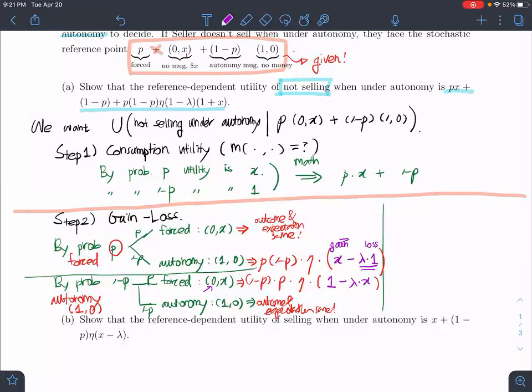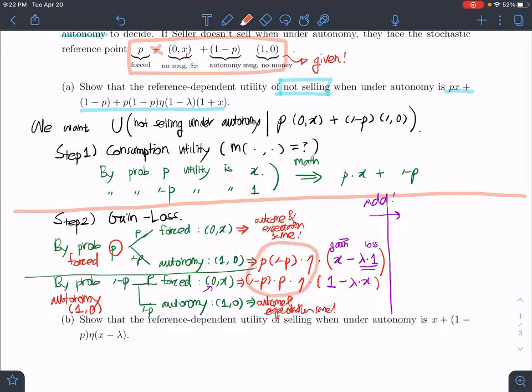Okay, so we compared state by state. If outcome and the reference point is different, remaining thing to do is to aggregate. I mean, add. So aggregate is too fancy. Add. Okay, so the first part was p times. Let me just highlight this part.